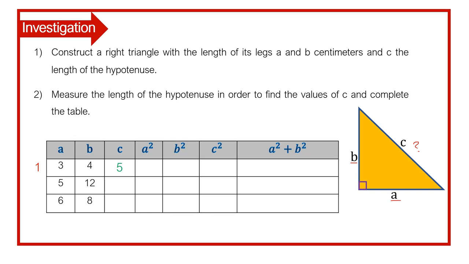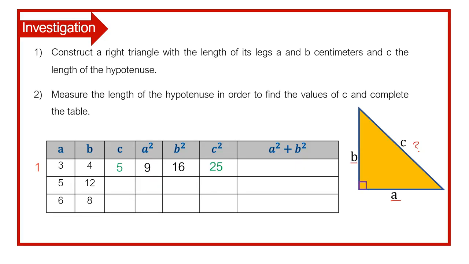Now let us square A. A squared, which is 3 squared, is 9. We square B, which is 4 squared, to get 16. Now let us square C, which is 5 squared, to come up with 25.